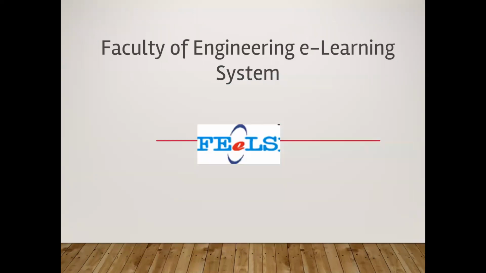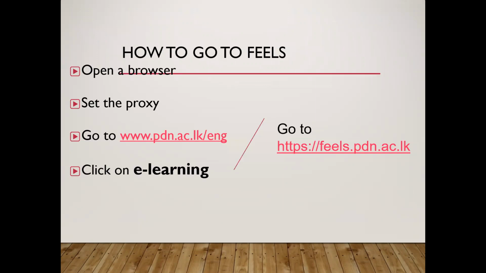So this is the Faculty of Engineering e-learning system, FIELDS, and you already have access to it, and I don't want to go through it, but you can access it. You can go to our website and see the e-learning links there, or you can directly go to fields.pdn.ac.lk. That URL is very easy to remember.